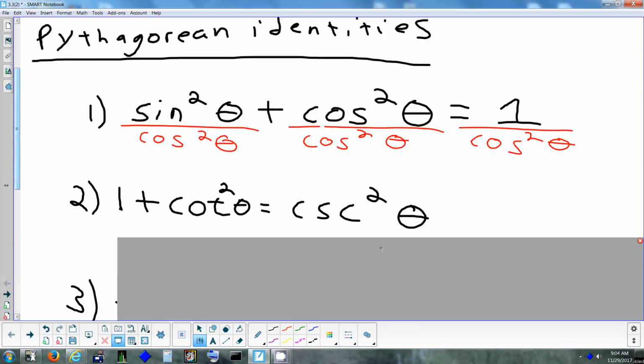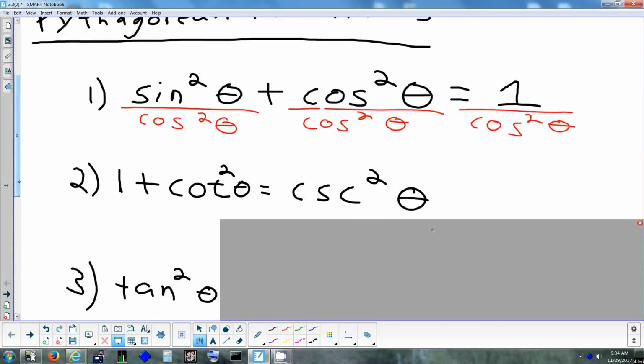All right, so we know sine over cosine is tangent. So what do you think sine squared over cosine squared is? Tangent squared. Plus cosine squared divided by cosine squared. Dividing two things that are the same. 1.